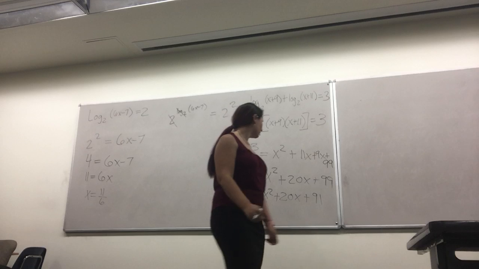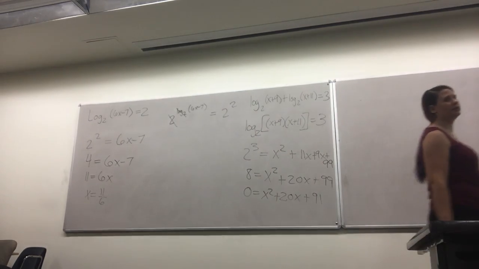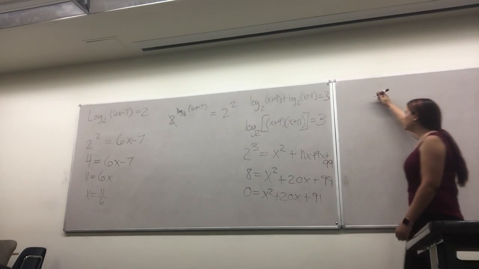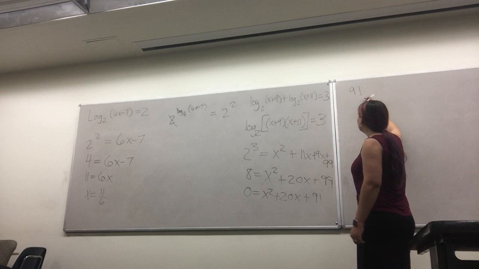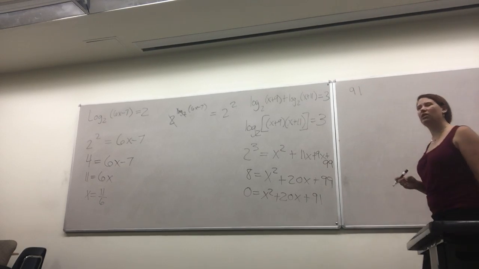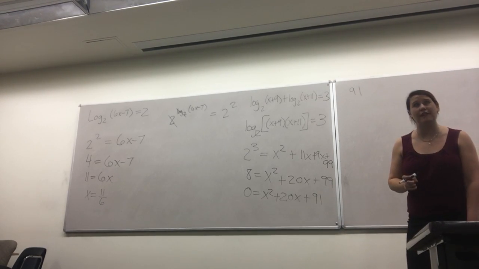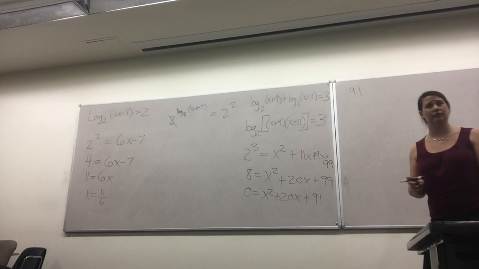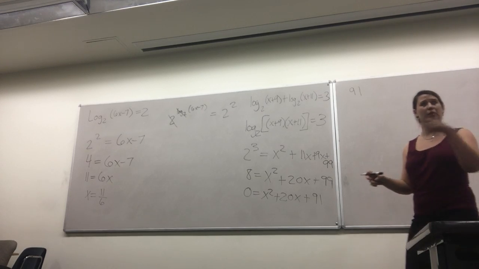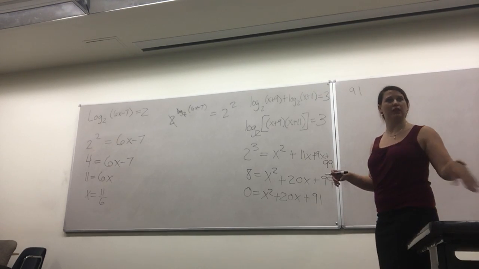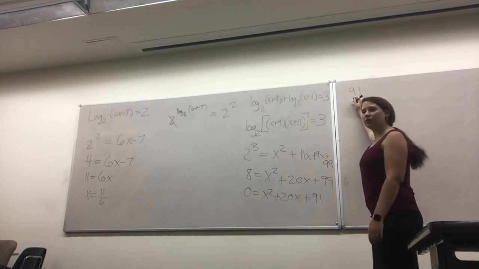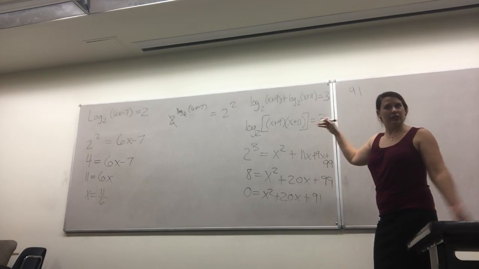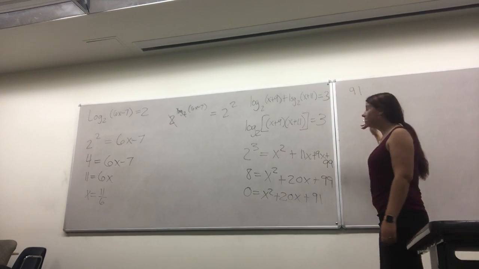All right, so now we have to try to factor that. 91 factors into 7 and 13. I can't do it in my head, I just remember because I already did this problem out for my notes. So you just try numbers until you get ones that actually divide, right?